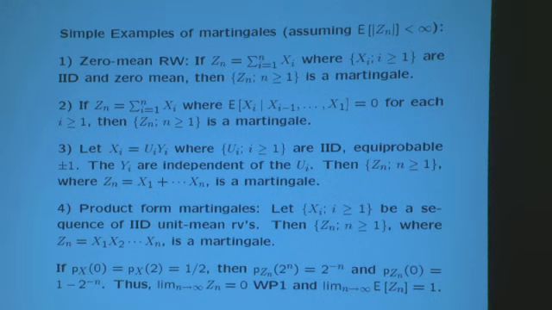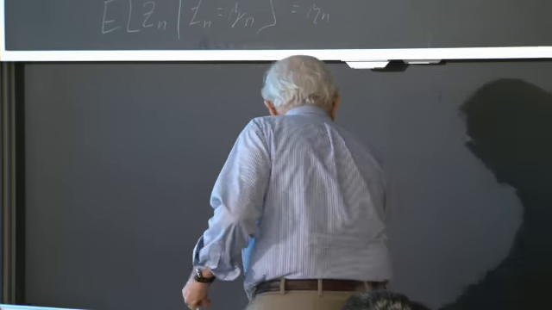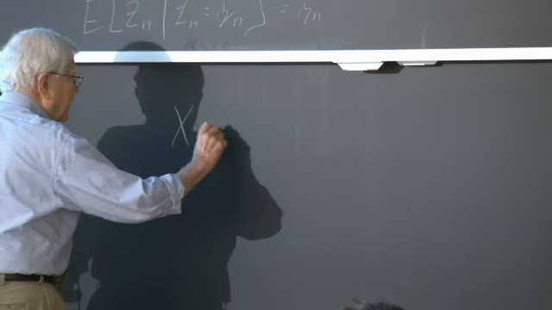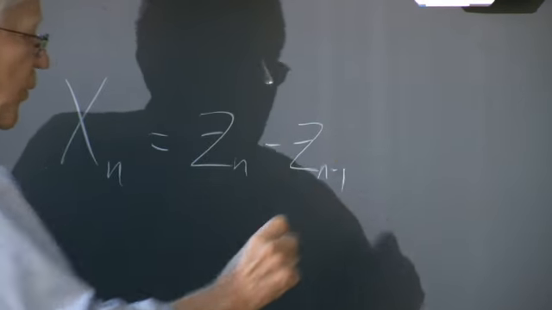This is a general example, because for every martingale in the world, you can look at the increments of that martingale. Namely, you can define x sub n to be z sub n minus z sub n minus 1.